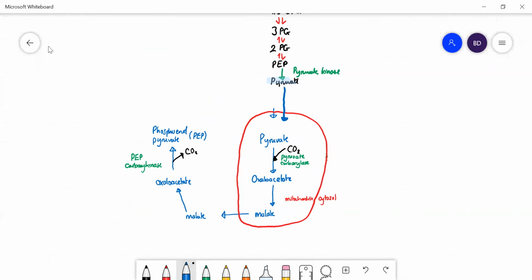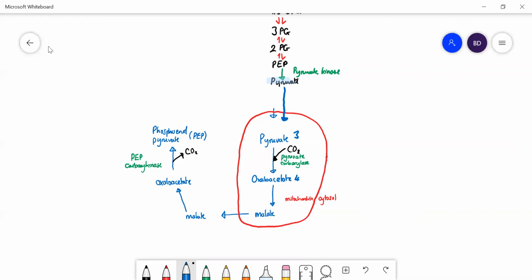That's the matrix of the mitochondria inside there. Everything outside is the cytosol. So pyruvate goes into the mitochondria. Don't forget, pyruvate has got 3 carbons in it, a 3 carbon unit, and you stick on a carbon dioxide and turn it into oxaloacetate, which has actually got 4 carbons. And the enzyme for that is called pyruvate carboxylase.